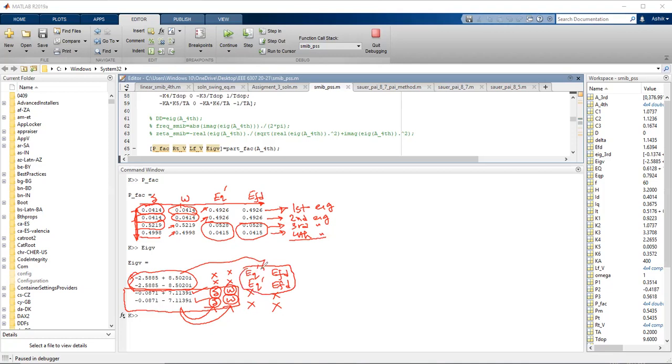Have you got the idea how the participation factor might help us? Any question? Sir, for each eigenvalue, the values for delta, omega, EQ prime, and EFD should add up to 1, right? Yeah, that is known as the normalized participation factor. If you normalize it to 1, then that would be true, but not always. But for the third eigenvalue, sir, the addition is becoming more than 1, like 0.5.